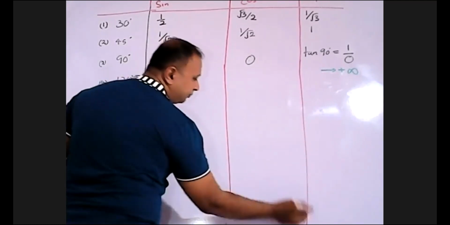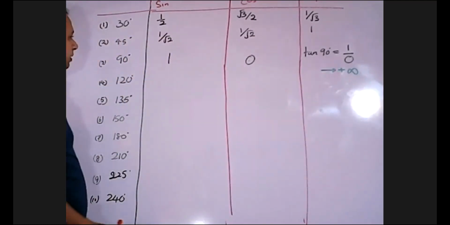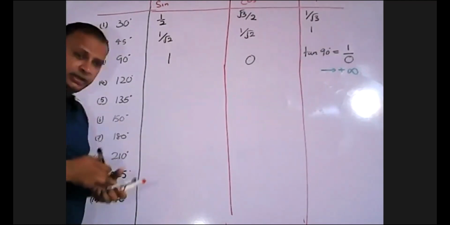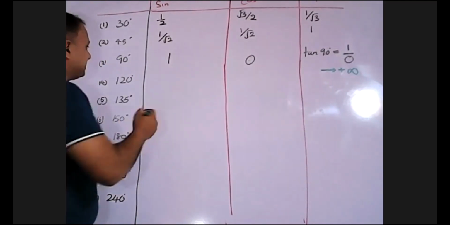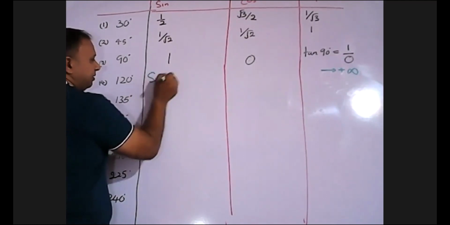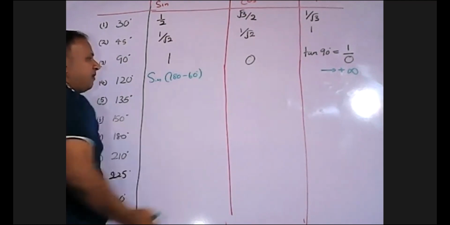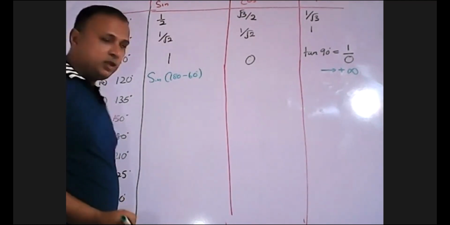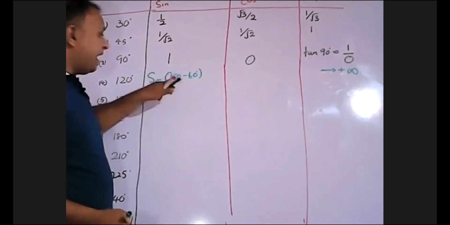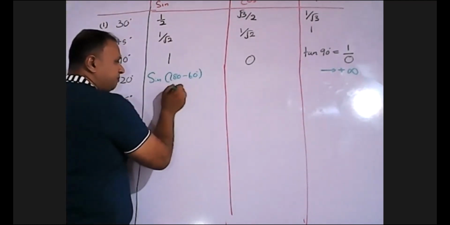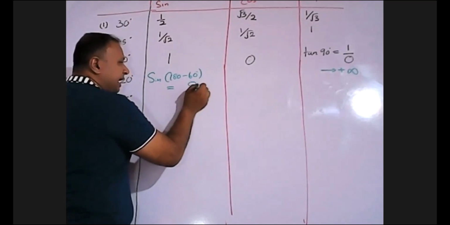Then, 120. We can write it as sine of 180 minus 60. Okay, 120. As this is an even multiplication, the magnitude will remain as sine.